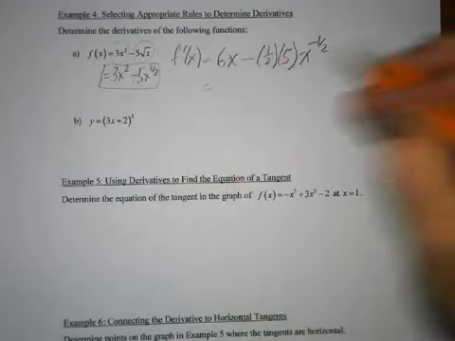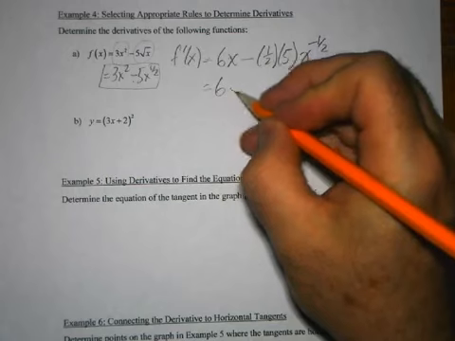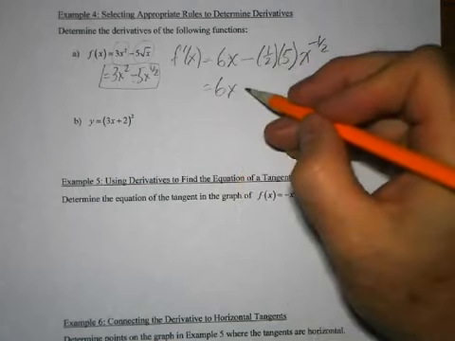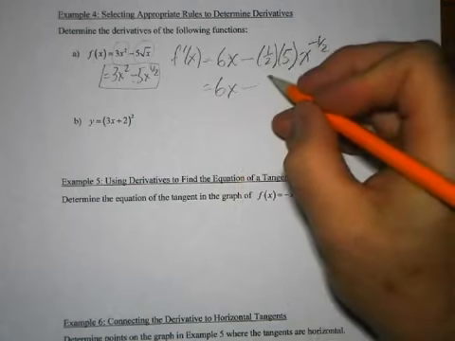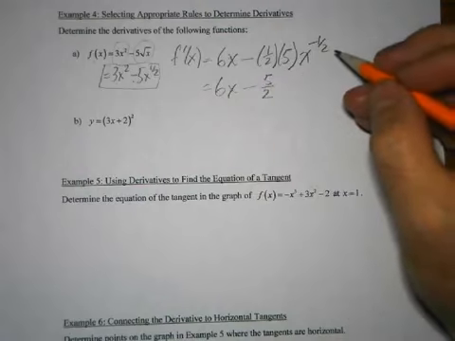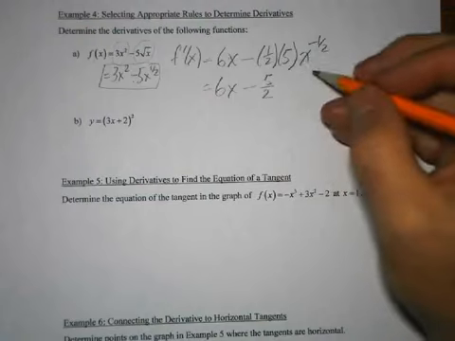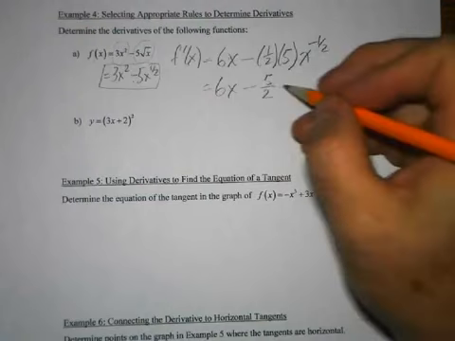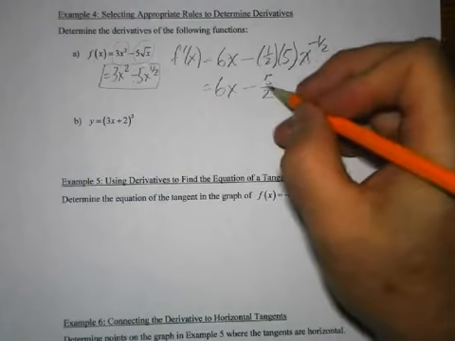So let's clean this up. That's already done here. So that's going to be minus 5/2 and x to the negative 1/2. Well, I could write it like this.